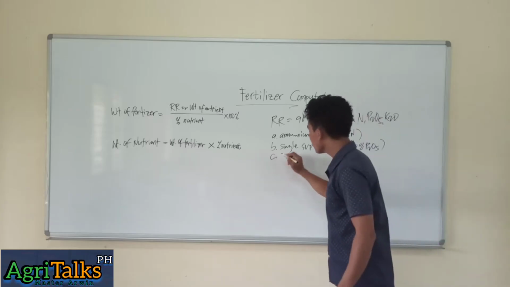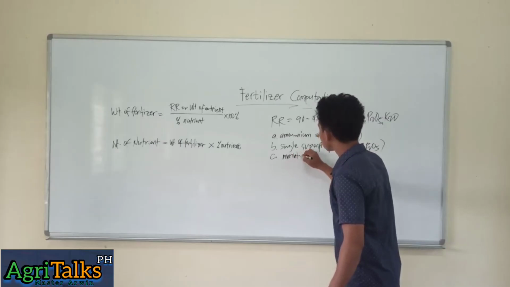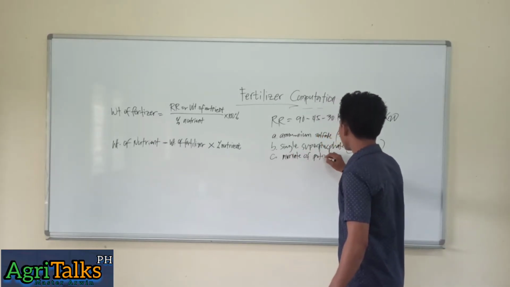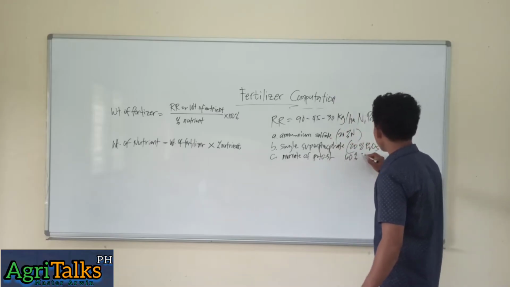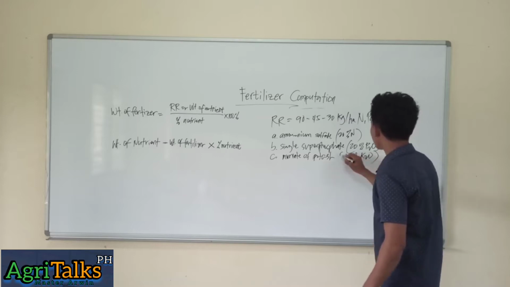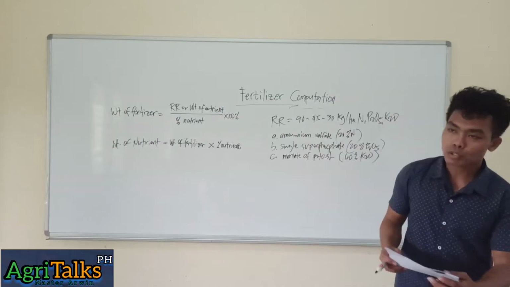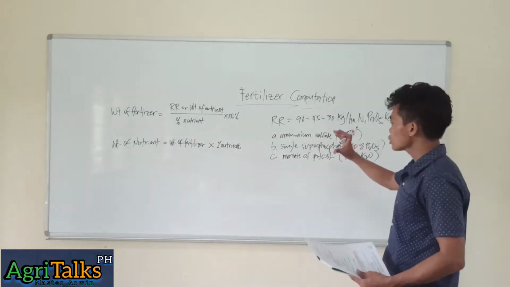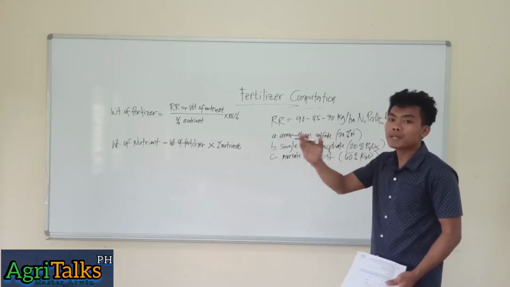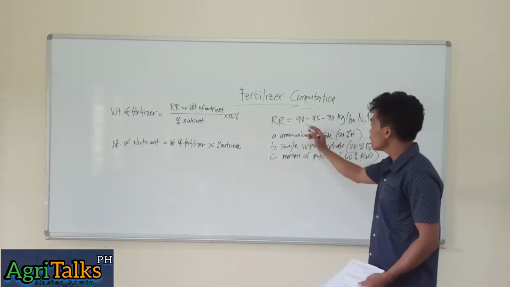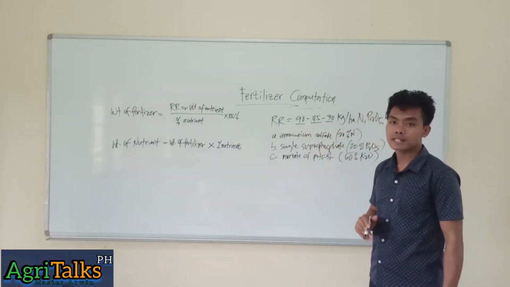And then the third one, we have this muriate of potash, which has 60% potassium. And then the question is, how much of these fertilizer materials will be added to the soil to give this amount of nutrients? Okay?